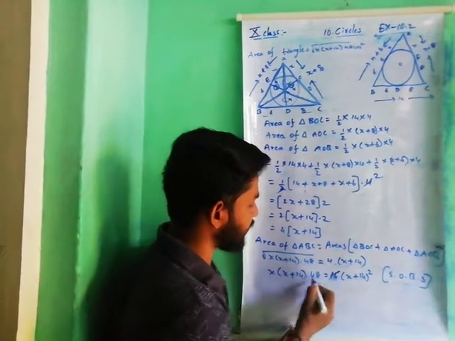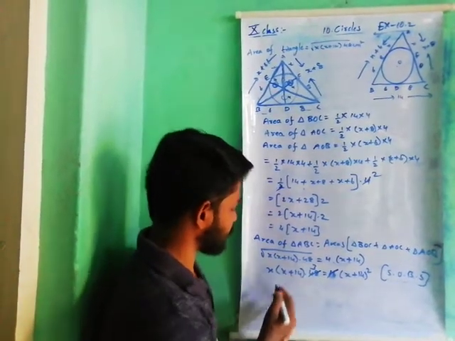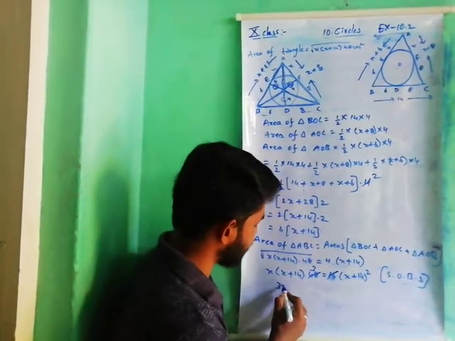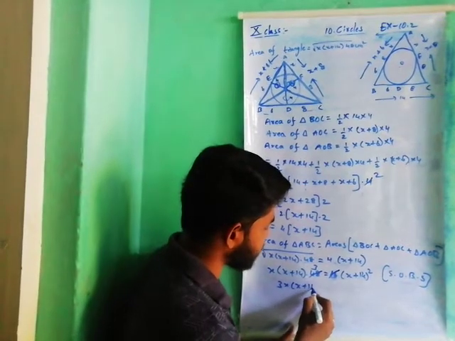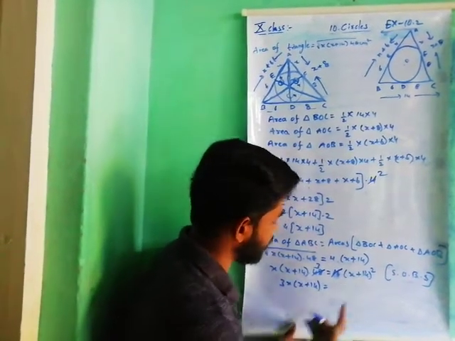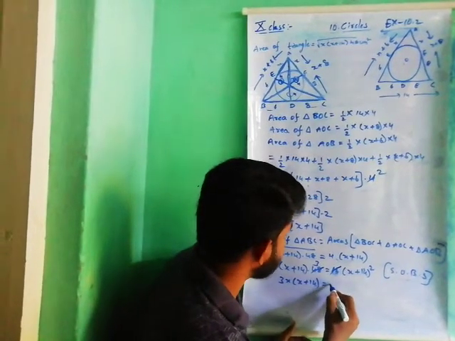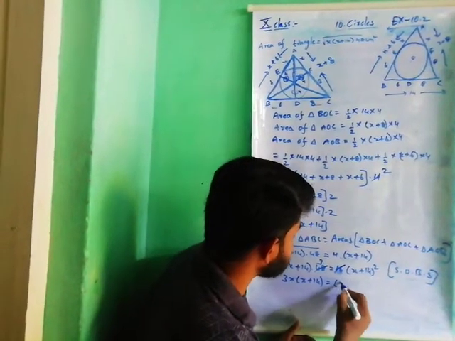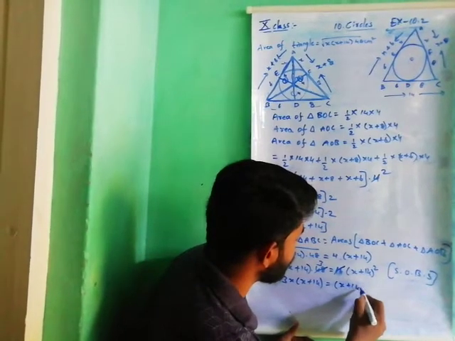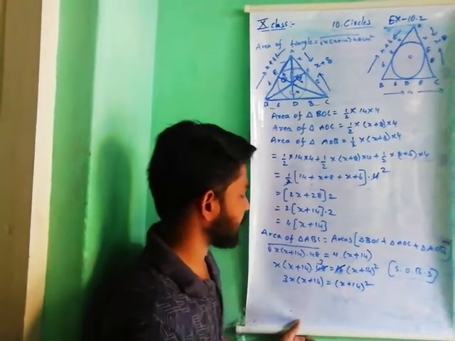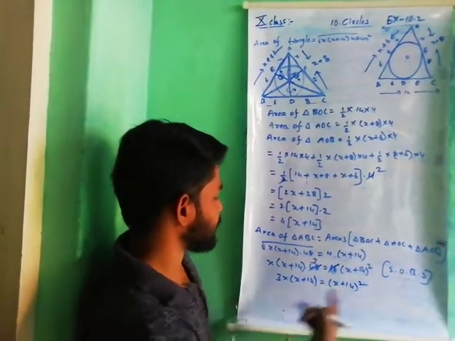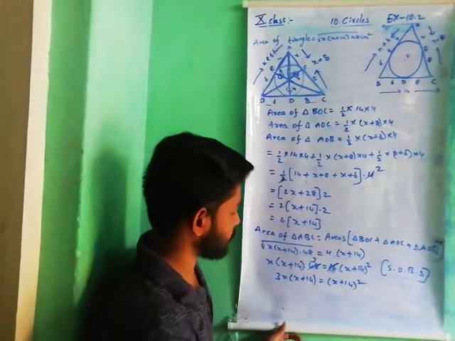So 16 how many times in 48? 3 times. So 3 into x plus 14, and here we get x plus 14 whole square. Understand? So now let me substitute, then we get the answer.